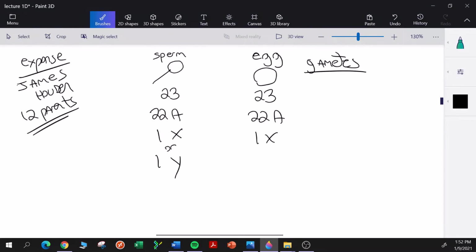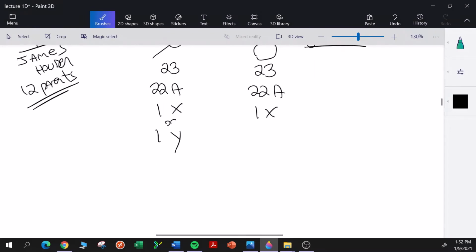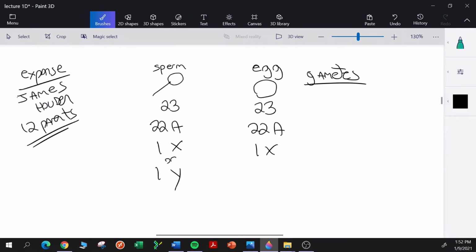So you can see, well, I'll tell you that the sperm and the egg each have 1 set of human chromosomes. So a set of human chromosomes includes 1 copy of each autosome plus 1 sex chromosome. That makes 1 set.